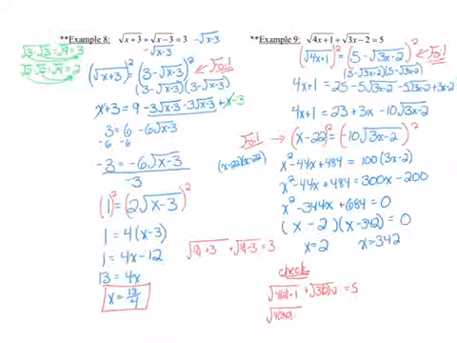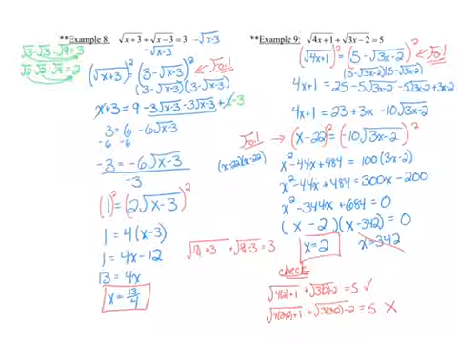It is okay to use your calculators to help you with this. Okay, and it turns out that when you plug in 342, that one does not work, and x equals 2 does.